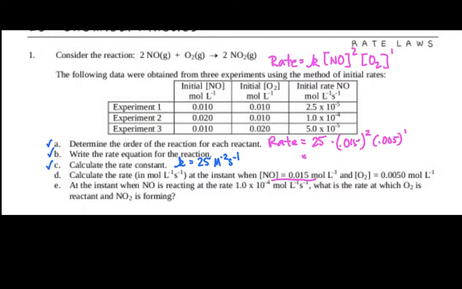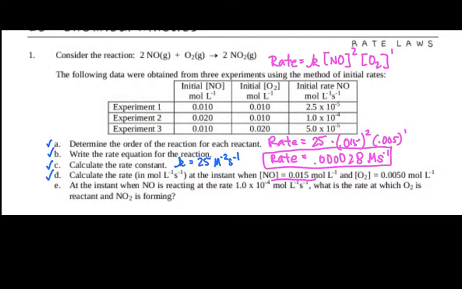Alright, so when I solve for this, I get 0.000028, and I know since I'm solving for a rate, that unit is always going to be the same. It's always molarity per second, so you can write it as molarity over seconds or molarity times seconds to the -1. And that's our answer for part D. So we've now answered part D.